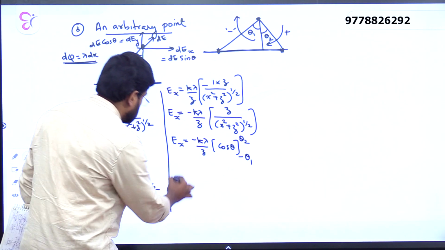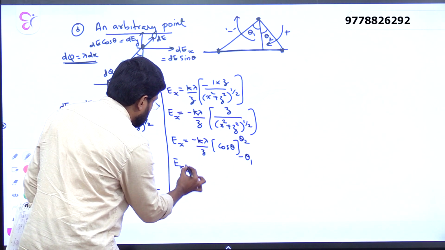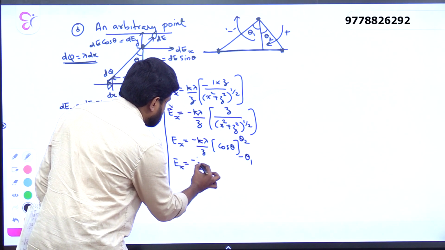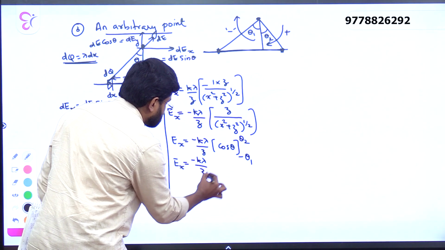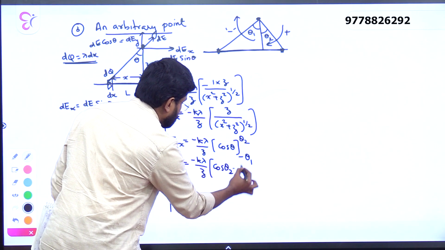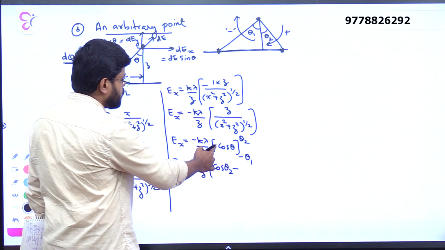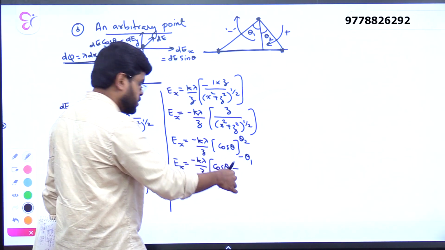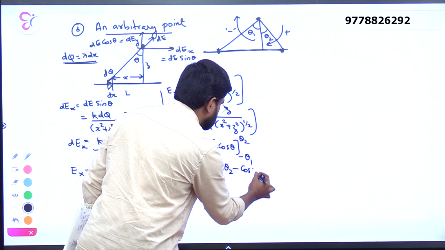Is it clear? So we got Ex equals minus k lambda by z into upper limit cos theta 2 minus lower limit cos of minus theta 1, which is cos theta 1 itself. So it is cos theta 1.